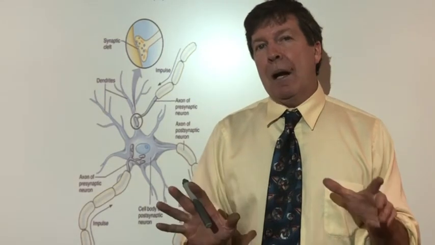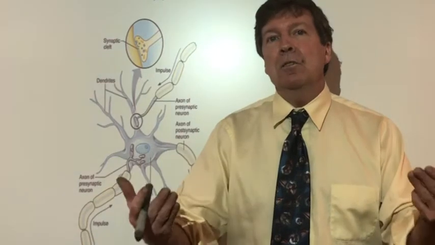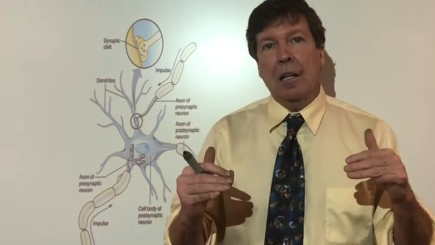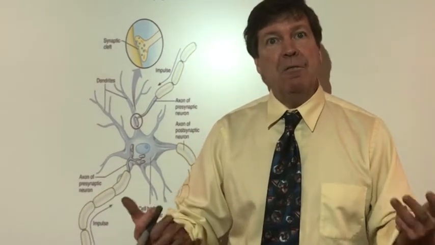Now, since we've talked about action potentials, when that happens, we're going to get an influx of sodium ions. We know that resting potential is then going to go up towards threshold potential, from -70 towards, for example, -55.